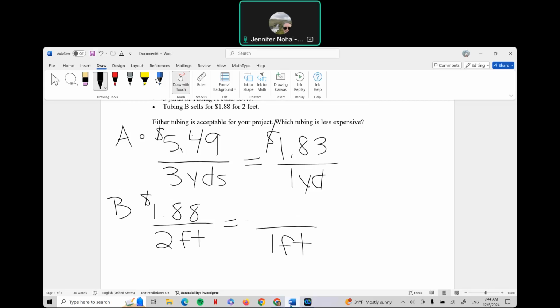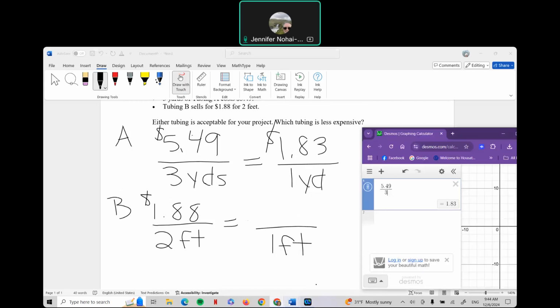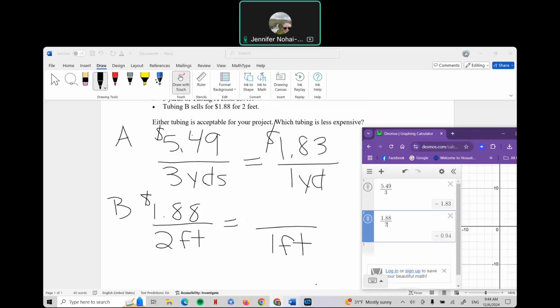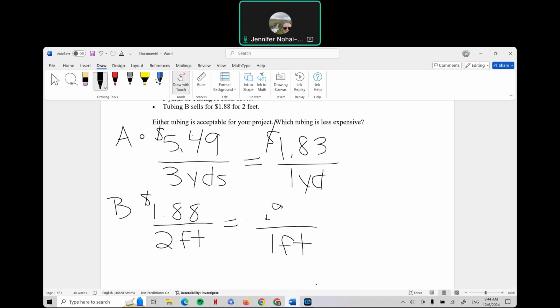So $1.88 divided by 2, that gives us 94 cents per foot. Now, it seems right now that A is more expensive than B.